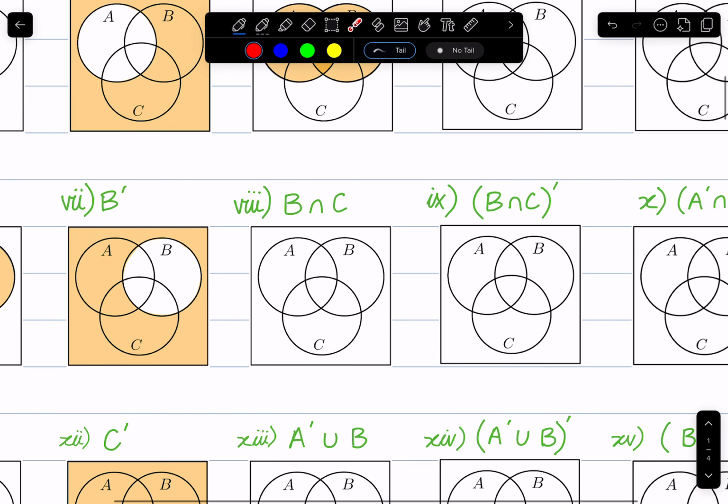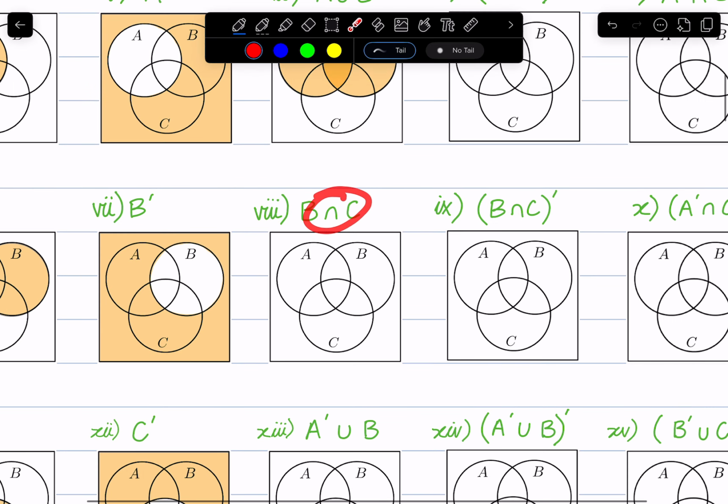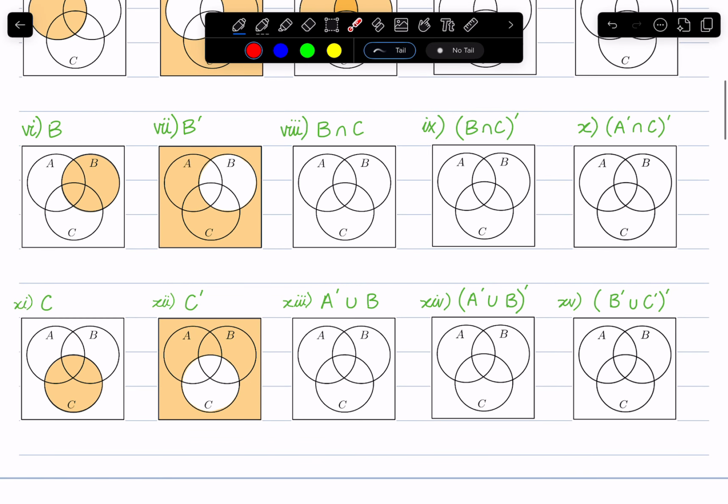Now let's take a look at the intersection of B and C. The reason why I've shown all of these basic ones is that for the intersection of B and C, we look at B, we look at C, and we find the region that is overlapping the two.